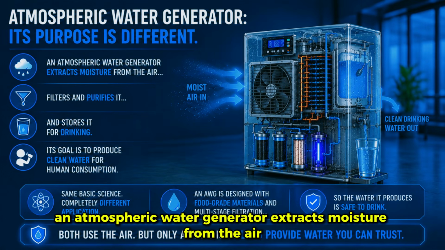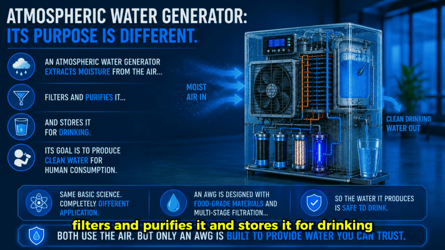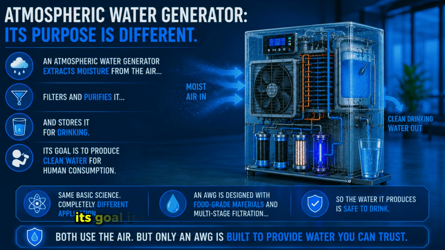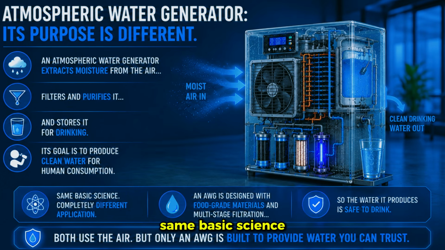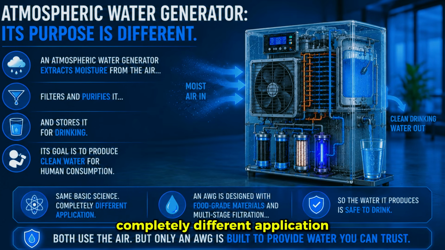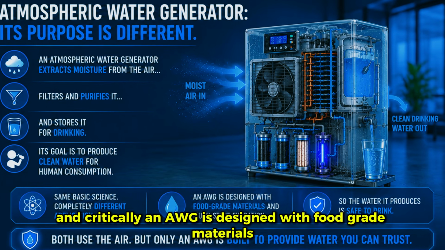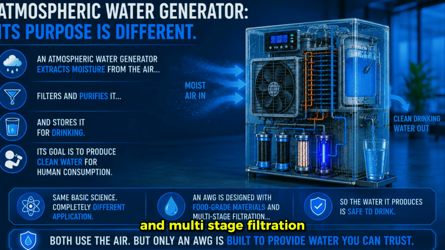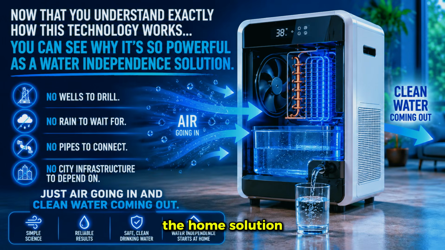An atmospheric water generator extracts moisture from the air, filters and purifies it, and stores it for drinking. Its goal is to produce clean water for human consumption. Same basic science. Completely different application. And critically, an AWG is designed with food-grade materials and multi-stage filtration. So the water it produces is safe to drink.